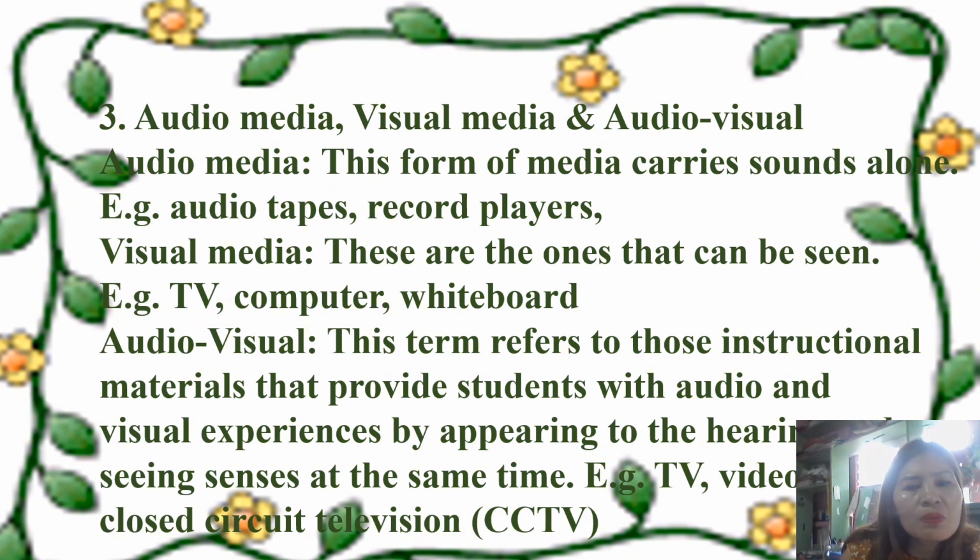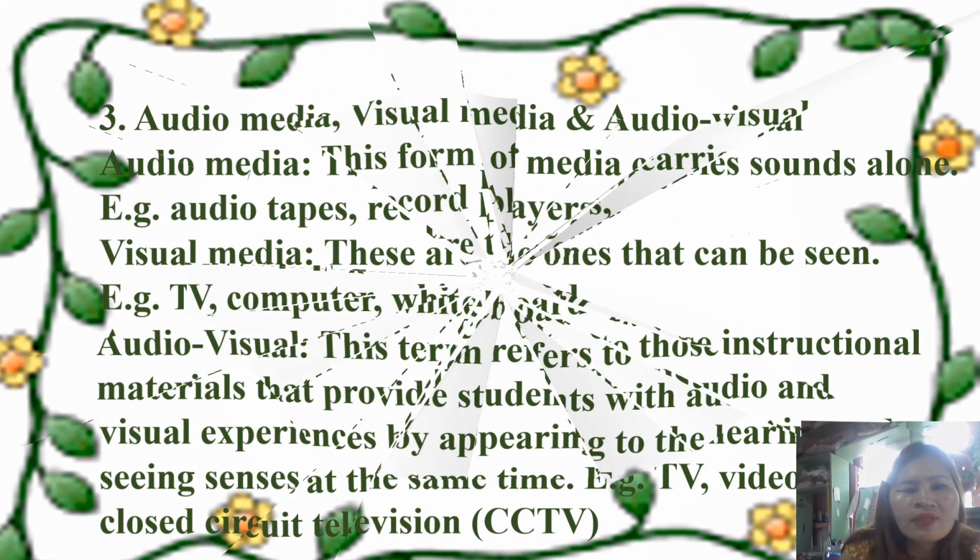Example, TV, computer, whiteboard, etc. Audiovisual, this term refers to those instructional materials that provide students with audio and visual experiences by appealing to the hearing and seeing senses at the same time. Example, TV, videos, closed-circuit television, or CCTV.